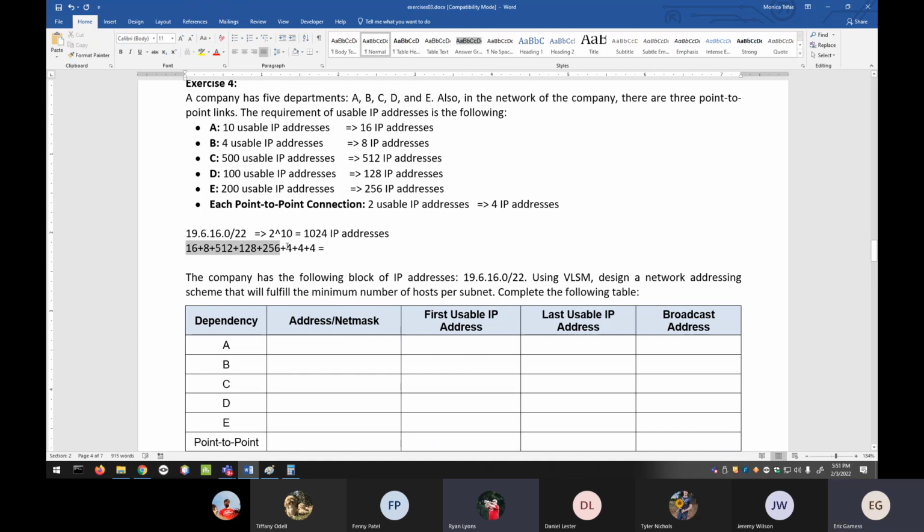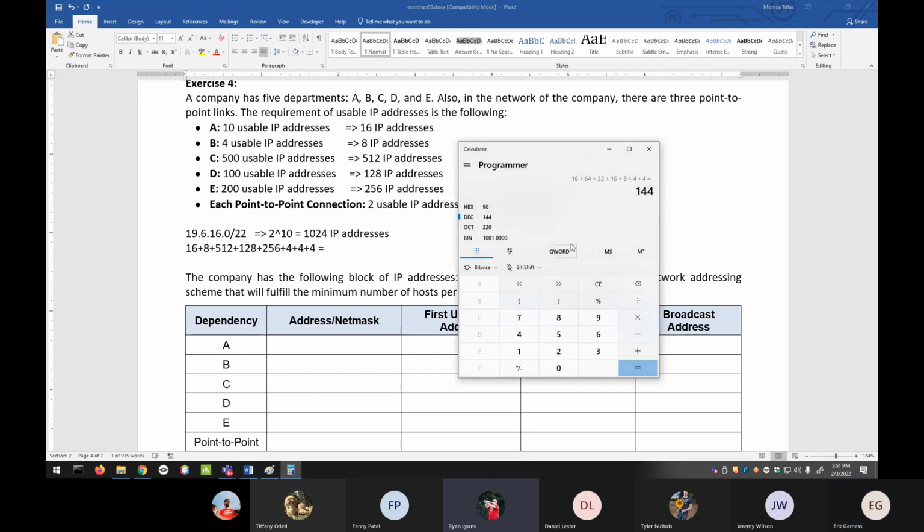So let's compute that. Let me see if I can put that in the calculator directly. With Control V, yeah, it did work.